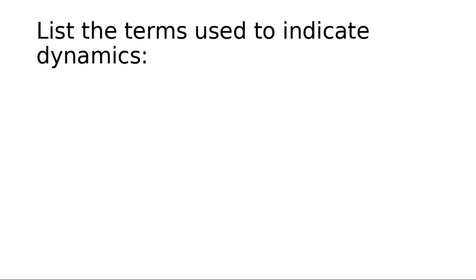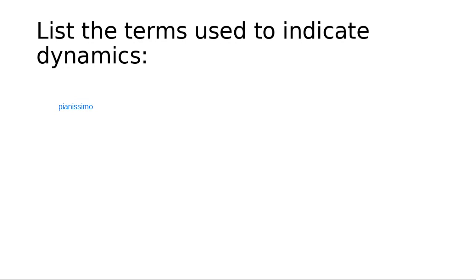So the English terms that we would use to describe how loud or soft something is, while you're typing that stuff, are what? I know that what I've always heard is forte is loud, piano is soft, and then mezzo means medium, so mezzo piano is medium soft, mezzo forte is medium loud. That's exactly right. That's 100% correct.